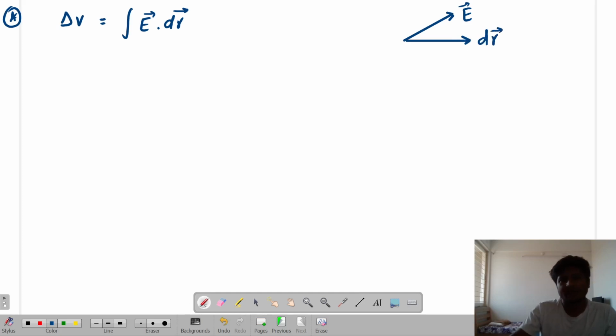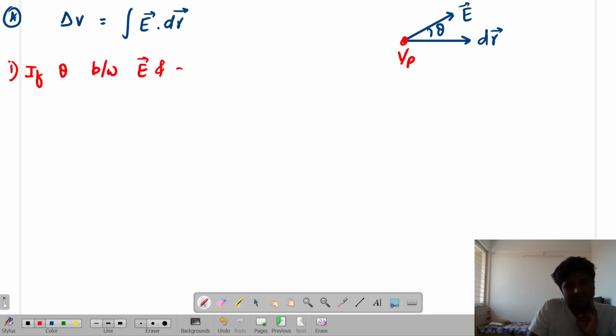So some kind of angle can also be created between electric field and dr vector, and then we are defining the potential at that point. So there are cases for this angle. First case, if theta between E and dr is acute.